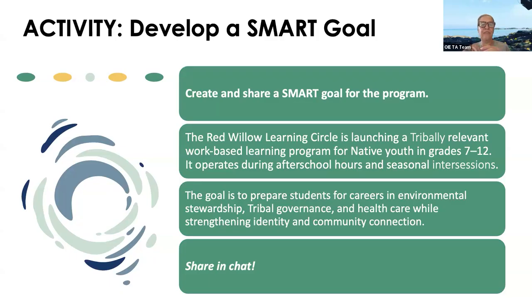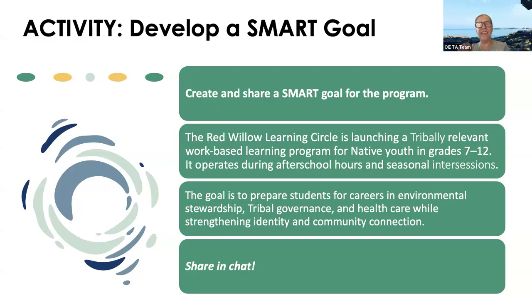So go ahead and use the information here and develop a SMART goal. And just to remind you, in case you haven't been grant writing lately or developing SMART goals or objectives, I'll remind you what SMART stands for.